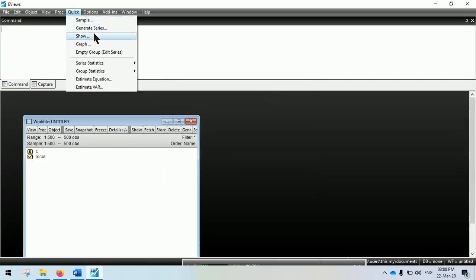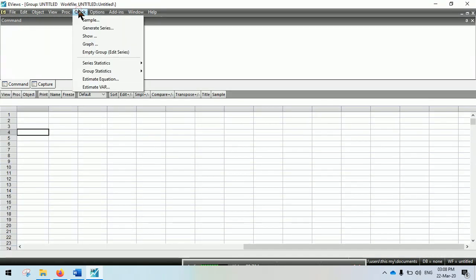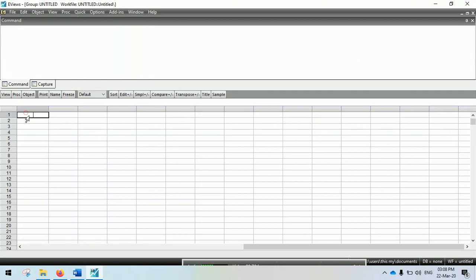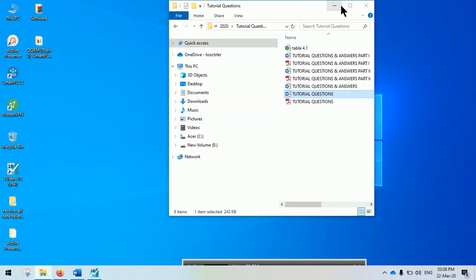Quick, Empty Group. Edit series. I make sure that I put the first case here where there is no number. So now I go to my file. Waiting for the file to open.